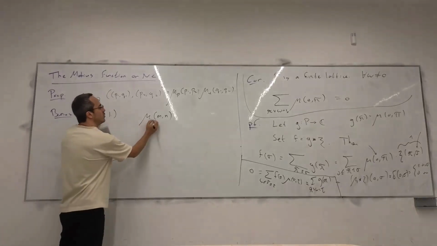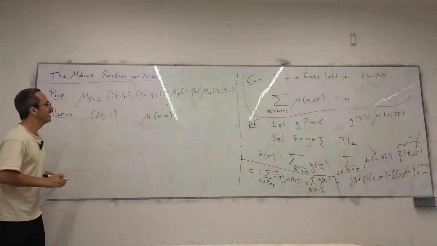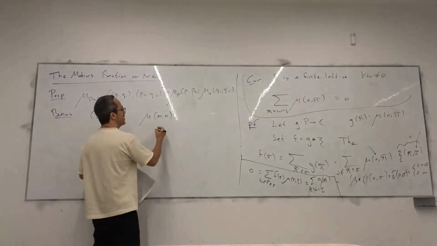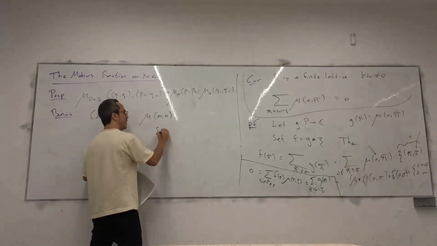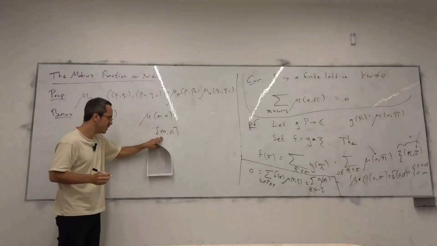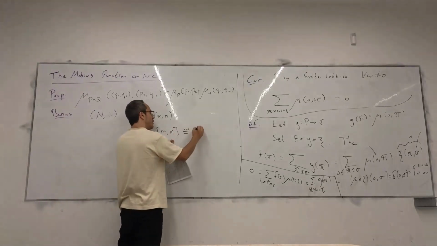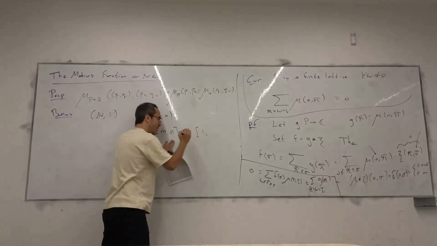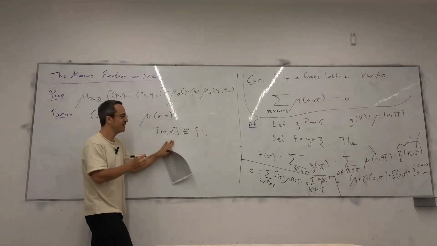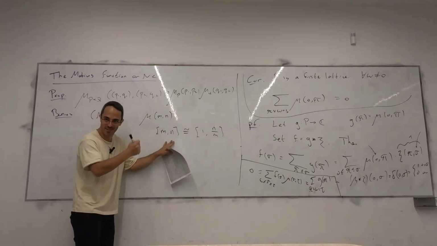This is the D-Mobius function. So the first thing to note is that this interval, really all numbers that are divisible by m and divide n, is isomorphic to 1 comma n over m. M divides n because it's smaller in the sense of divisibility.